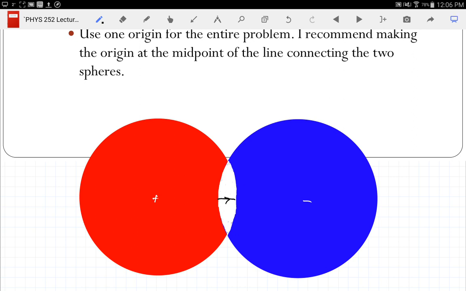Well, there are two ways of doing this. One way is to put one coordinate system at the center of one sphere and one at the center of the other, but then I have two different coordinate systems that I have to combine. I find it personally easier to make my coordinate system so that the origin is halfway between the centers of the two spheres.